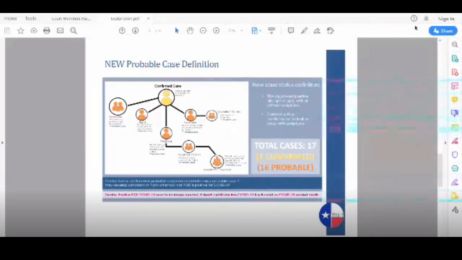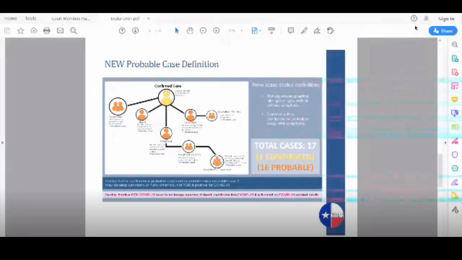Right now, all of our resources in the public health department go towards tracking, reporting, and contact tracing the confirmed cases and the PUMs, which is represented by one individual on this chart. That could be expanded 16-fold on this one chart, just as an example of how it could happen. Now that could be overstating it. It could only expand 10-fold or 5-fold, but we have the potential to see a remarkable expansion of those considered COVID positive.